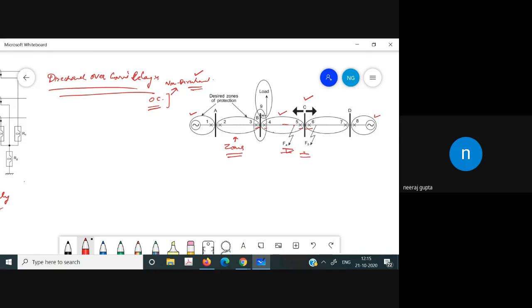That is, 3 and 6 are also tripped, so the desired zones are not operated. So what we have to do is use the directional overcurrent relay to generate the desired zones.